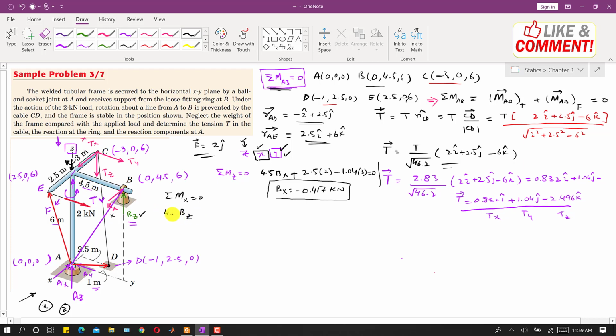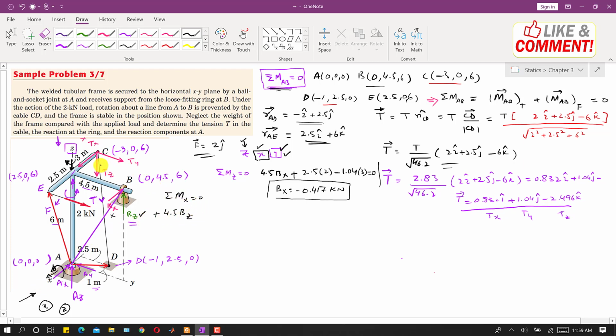So we will write 4.5 Bz, and this Bz is producing the moment like this. If we curl our right hand fingers in this direction, the thumb will point out in the positive X. So this means that this moment is positive. This means that this moment is counterclockwise from this direction.